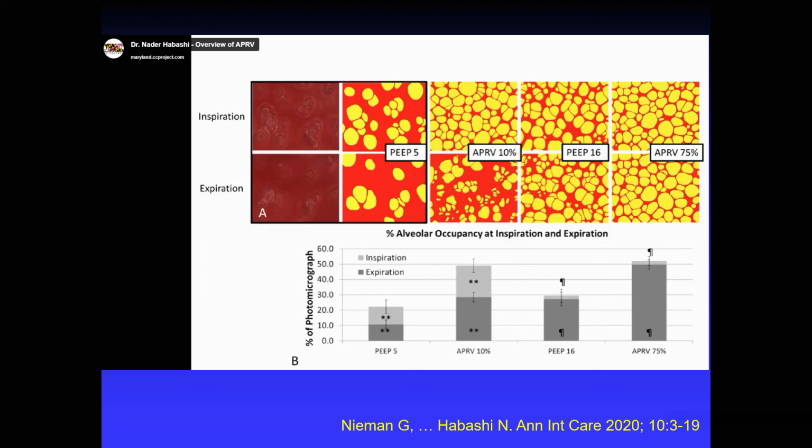It's pretty decent data out of shock trauma, which they've looked at in several different ways now, where that approach was compared to multiple others, but the 75% termination to peak flow was associated with the lowest amount of ventilator-induced lung injury, along with the best alveolar recruitment.